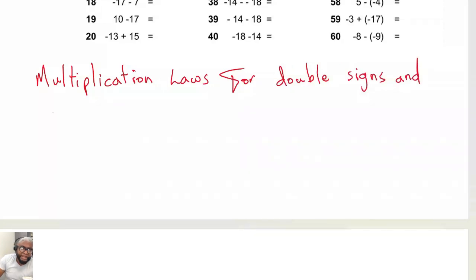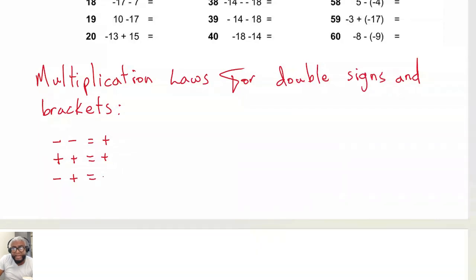and brackets, right? So basically, if I have a minus and a minus like this, it will be equal to a plus. Everybody good there? If I have a plus and a plus like this, it will be a plus. If I have a minus and a plus like this, it would be a minus. If I have a plus and a minus like this, it would be a minus. I call them double signs. Like if you have signs one after the next, right?